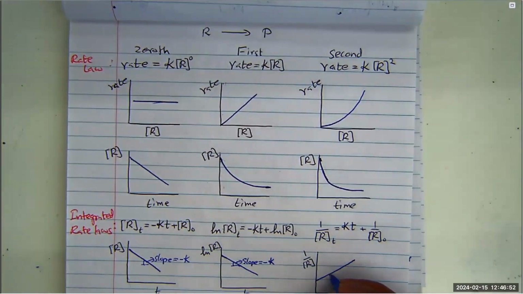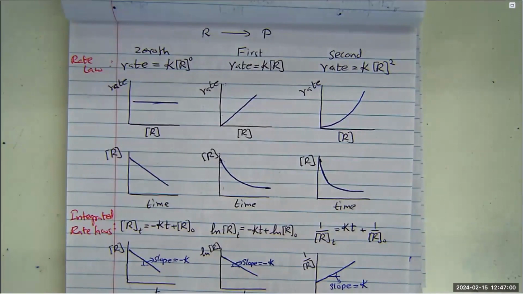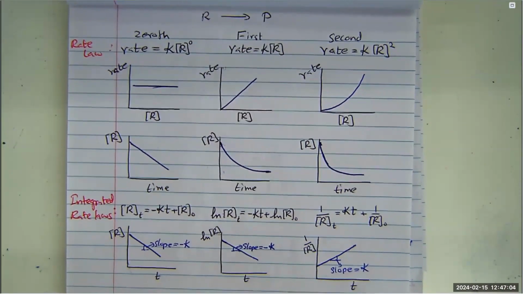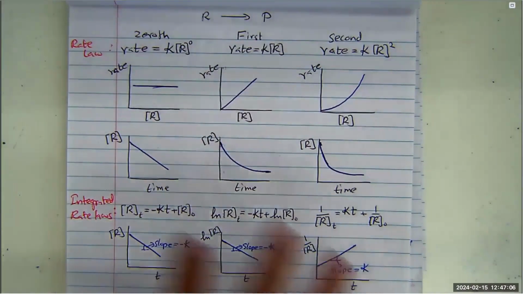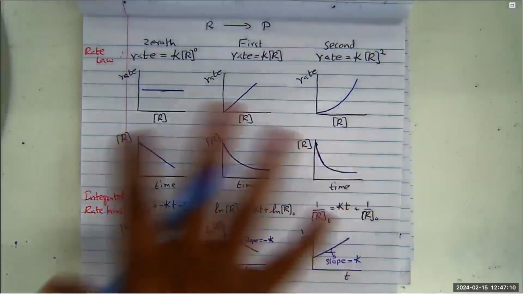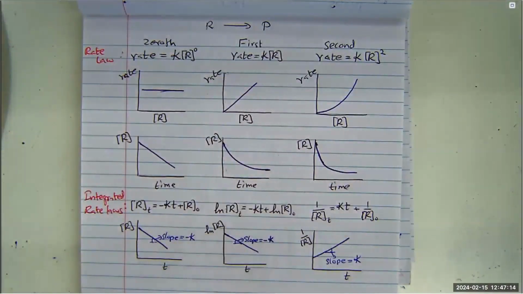Therefore, the slope is directly equal to rate constant. So far, this is what we have discussed. This half a page or maybe 2/3 of a page recapitulates everything that we have discussed so far when it comes to graphs.